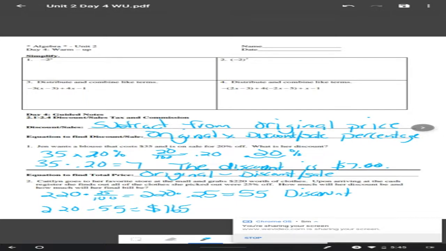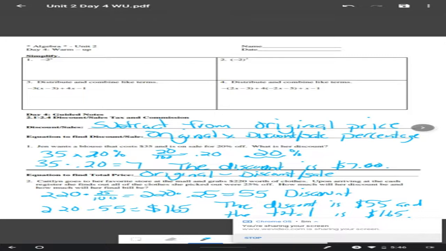So my sentence would be, the discount is $55 and the total is $165. So that's what we're looking for there.